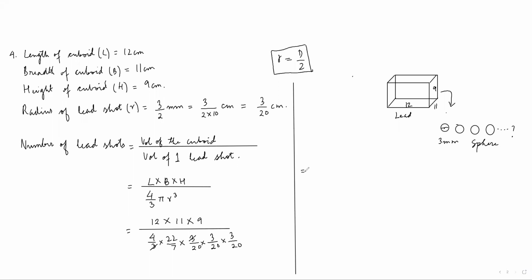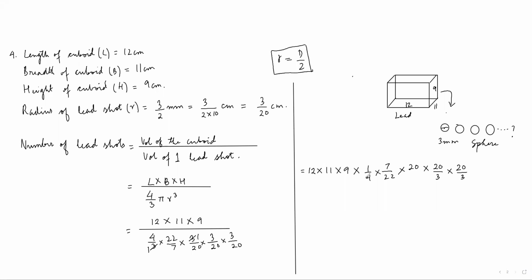So what you will do is 12 into 11 into 9, and the sphere's terms go below the line: 3 by 4, 7 by 22, and 20 by 3 three times.